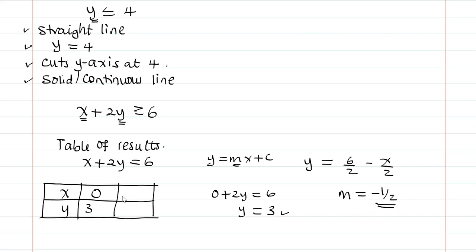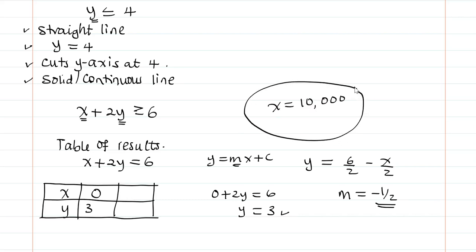Someone cannot say, I want my x to be 10,000. It is fine, you can use 10,000, but how will you plot it? You will suffer. You need a scale that will compress 10,000 to as small as values like 6 and the rest. So choose reasonable values that you can plot anyway. Any value that you can plot is fine. You get the same answers as any other person who has chosen smaller values.